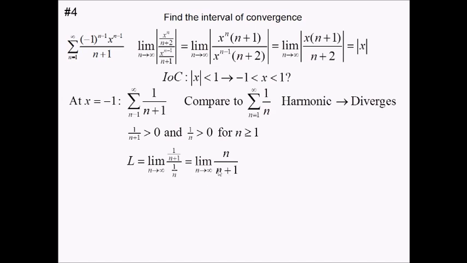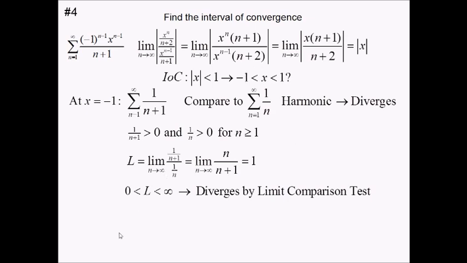As n goes to infinity, this comes out to a limit of just 1. Since that's a finite positive number, since L is between 0 and infinity, and since the comparison series diverged, that means the original is going to diverge by the limit comparison test. So long story short, we are diverging at this first endpoint.